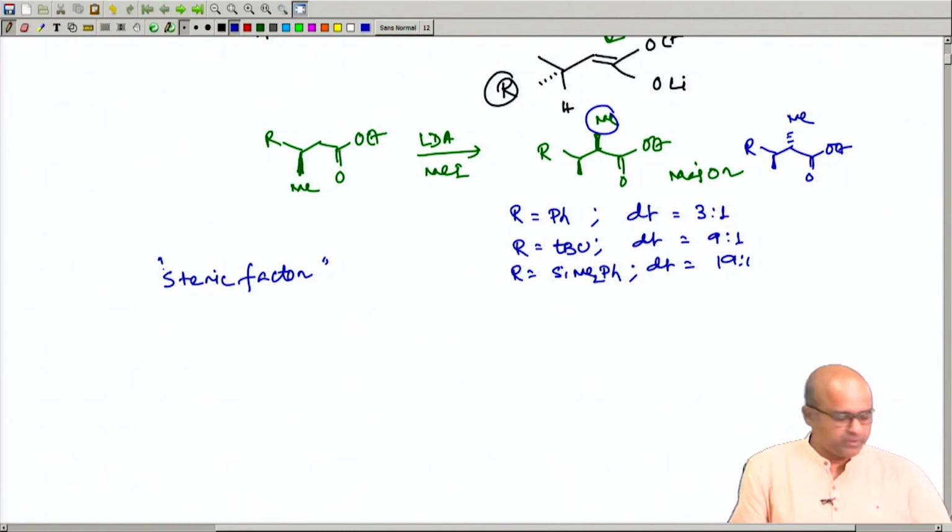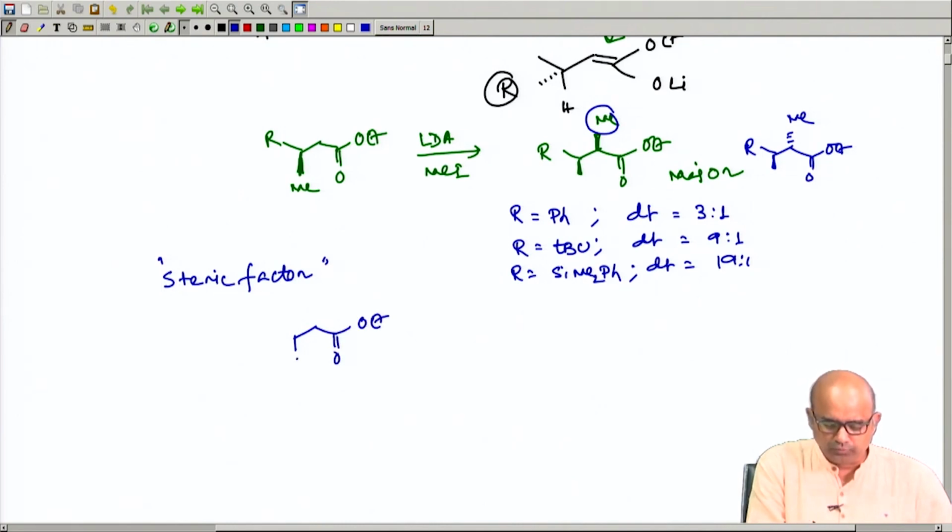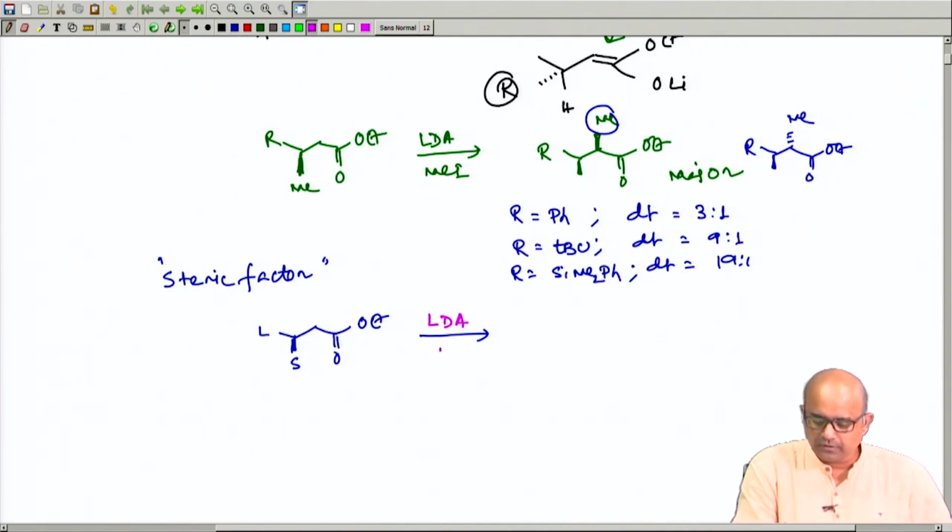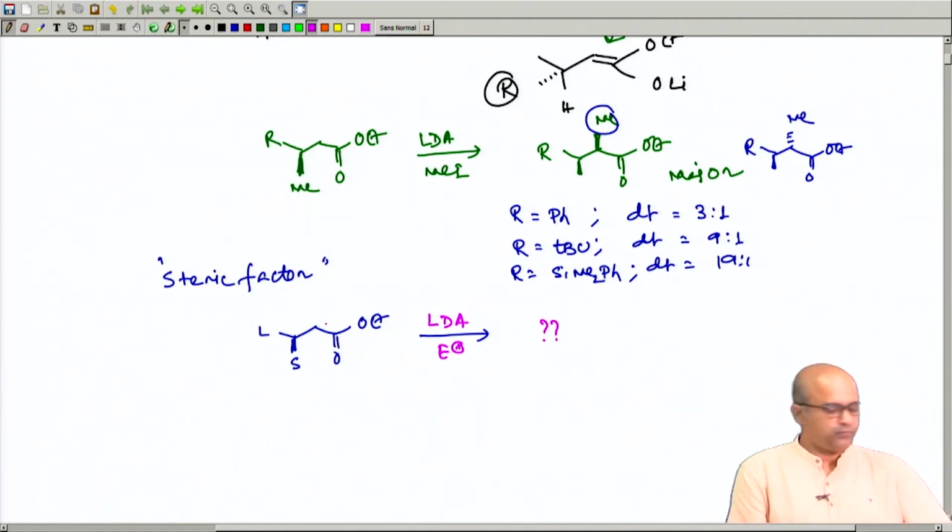So, in general you can eventually try to write such a compound by putting different functional group here. You can try to put a small group and you can try to put a large group, and you can put a working model and you can just explain how this reactivity differs. E stands for electrophile. You can put the working model. So, this working model should work fine for you.